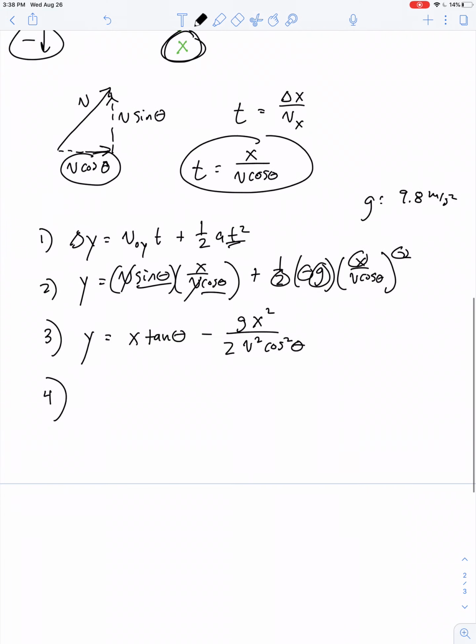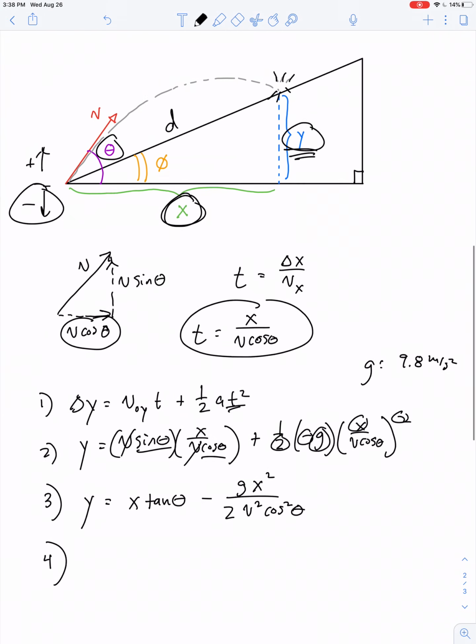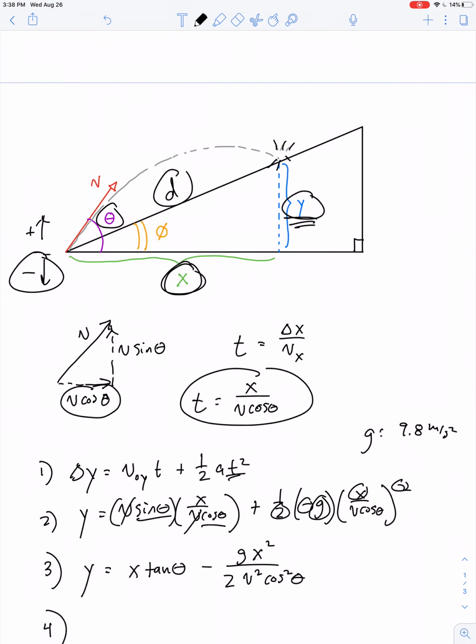Let's see, what we're trying to find is an expression for d. So somehow we need to relate the quantity d with x and y, but all we have here is a right triangle, yeah? So, SOHCAHTOA. I guess x would be equal to d times cosine of phi, and y would be equal to d times sine phi.